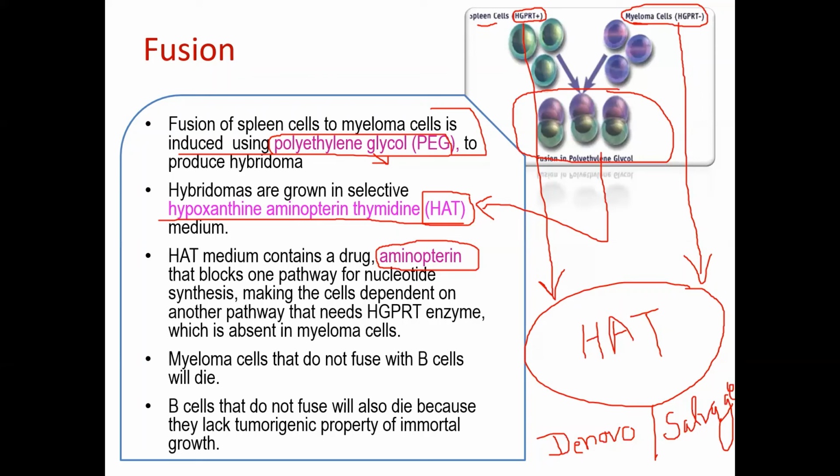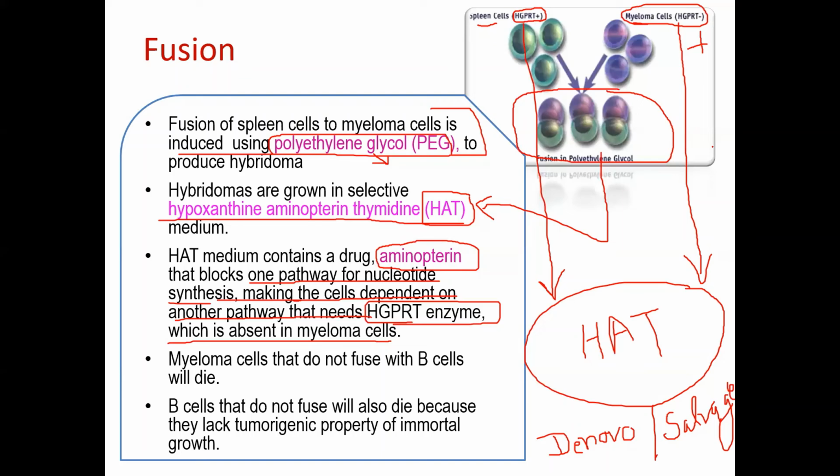So this aminopterin is a blocker that blocks one of the pathways for nucleotide synthesis, making the cells dependent on the other pathway that needs the HGPRT enzyme, which is absent in myeloma cells. So myeloma cells are not going to survive in this medium if they are not fused. That is the logic.